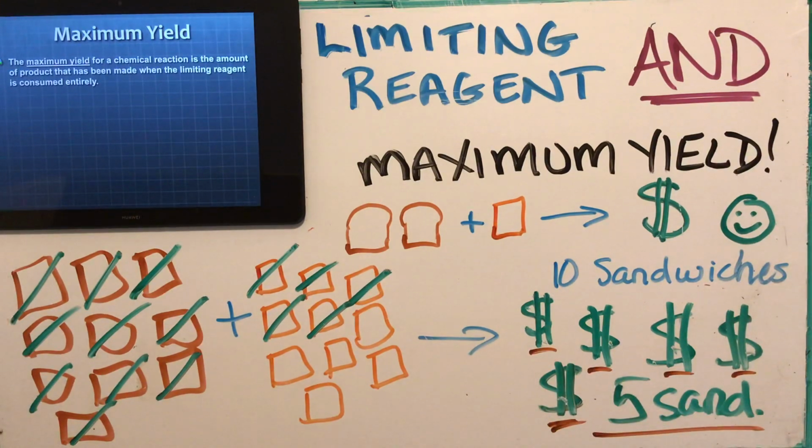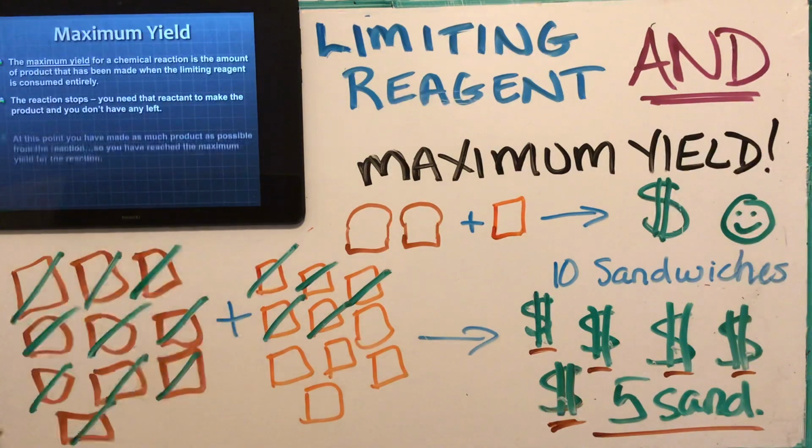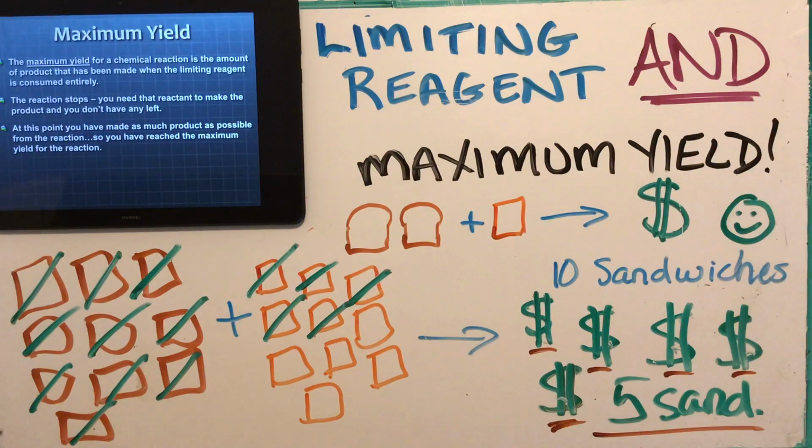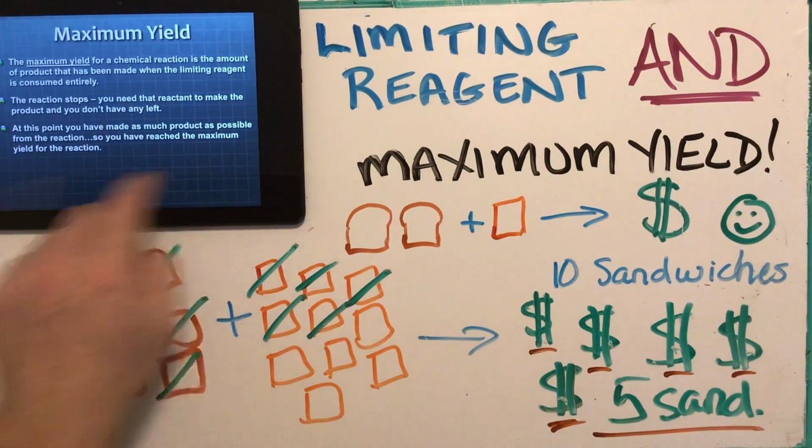That's it. The reaction stops once one of these is gone, the limiting reactant, and whatever product you have, that's it. That's all you can make. You've reached your maximum given these reactants. So you've made as much as you can. You've reached the maximum yield. 5 sandwiches is our maximum yield if we have 10 bread and 10 cheese.